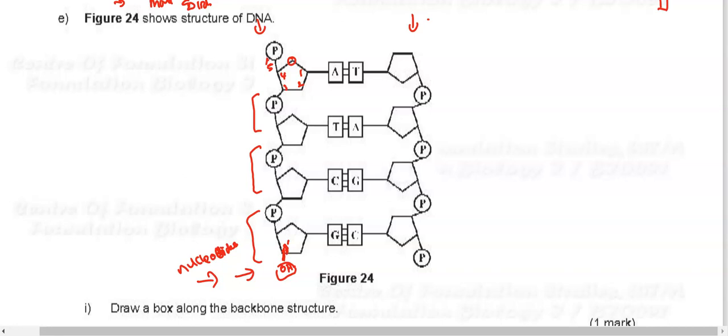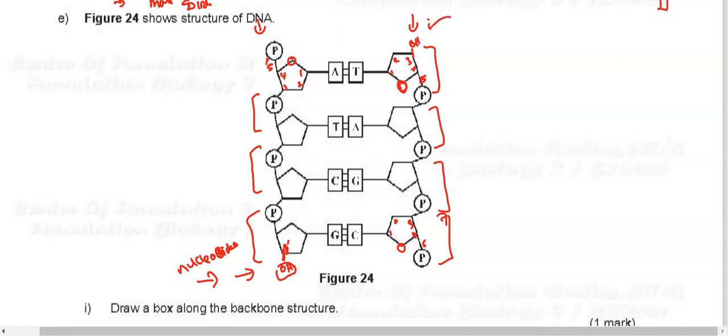Same goes for this strand. This is phosphate, carbon number 5, number 4, number 3, number 2, number 1, and the oxygen. This is one nucleotide, this is the next nucleotide, and then the next along the chain. As you can see, carbon number 3 has a hydroxyl.